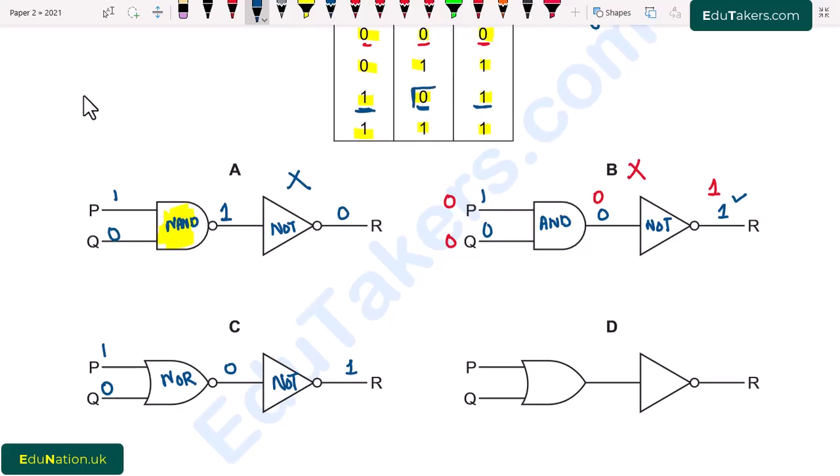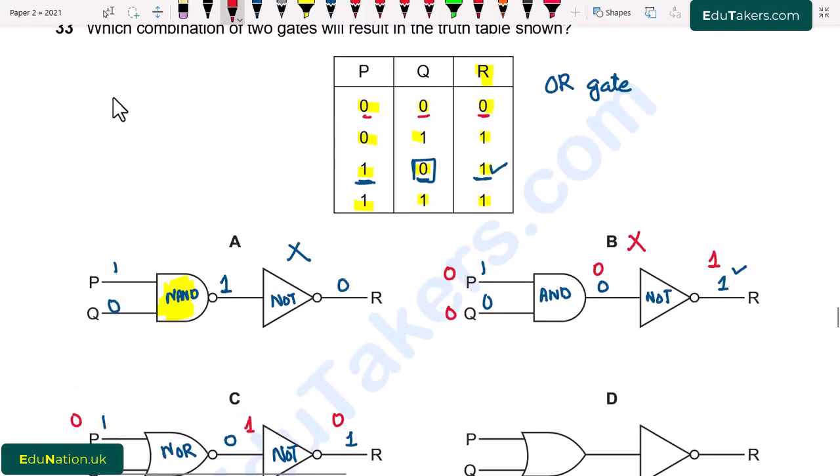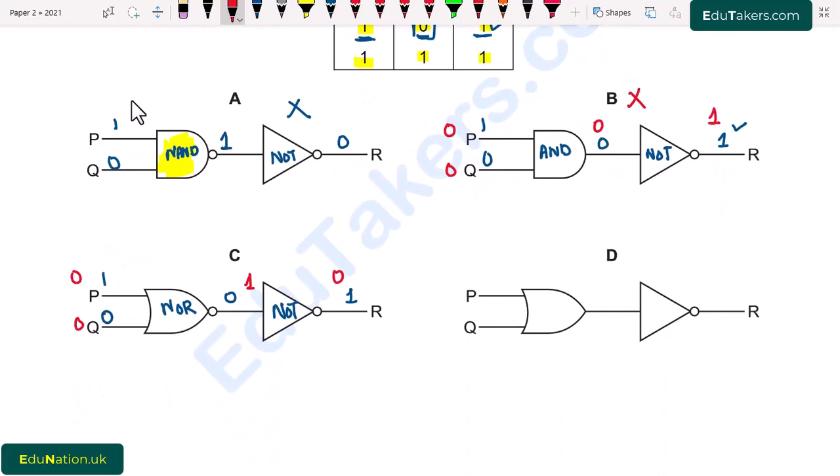So I check this possibility that inputs are 1 and 0, the output is 1. So this is correct. I also check other combination 0-0. When 0-0 is combined by the NOR gate, it gives 1, and 1 changes into 0 by the application of NOT gate. So when both of the inputs are 0-0, the output is also 0. So this is also correct.